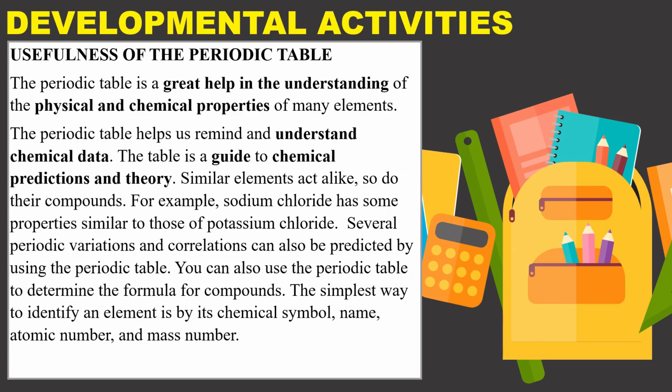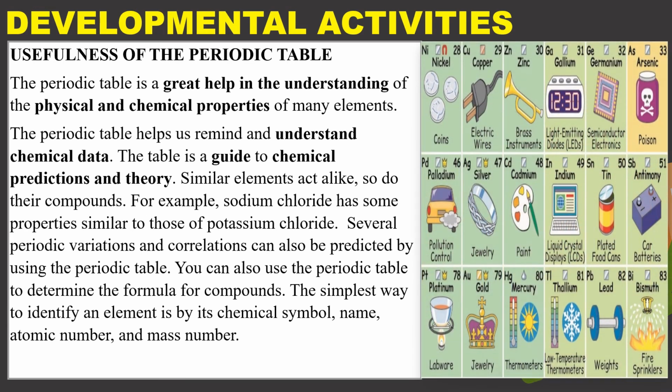So why do we have to study the periodic table? The periodic table is a great help in the understanding of the physical and chemical properties of many elements. The periodic table helps us remember and understand chemical data. The table is a guide to chemical predictions and theory.